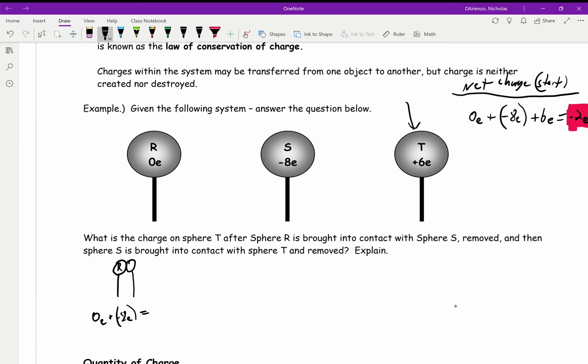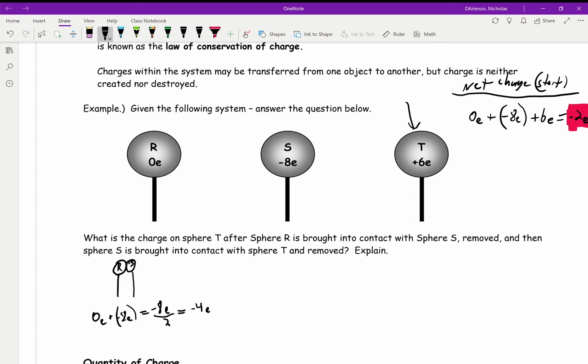The total charge there is -8e, but this is going to get divided. The -8e charge will get divided amongst those two spheres when they get brought into contact, and each one, after removal, should have a charge of -4e.